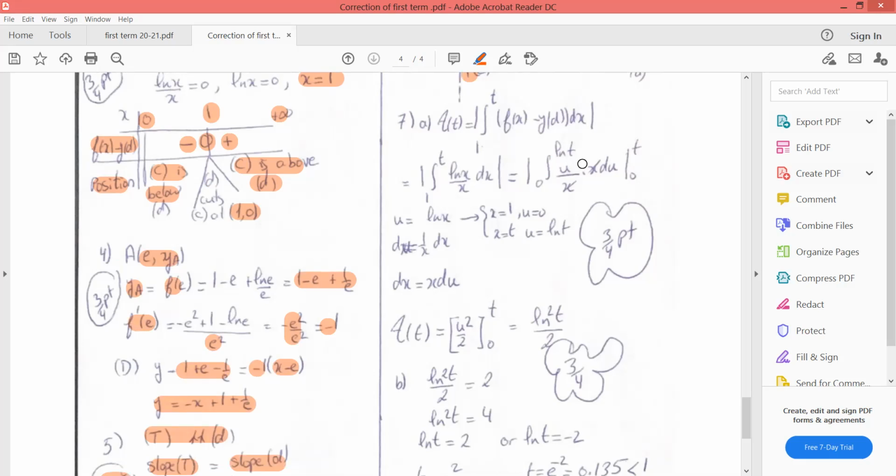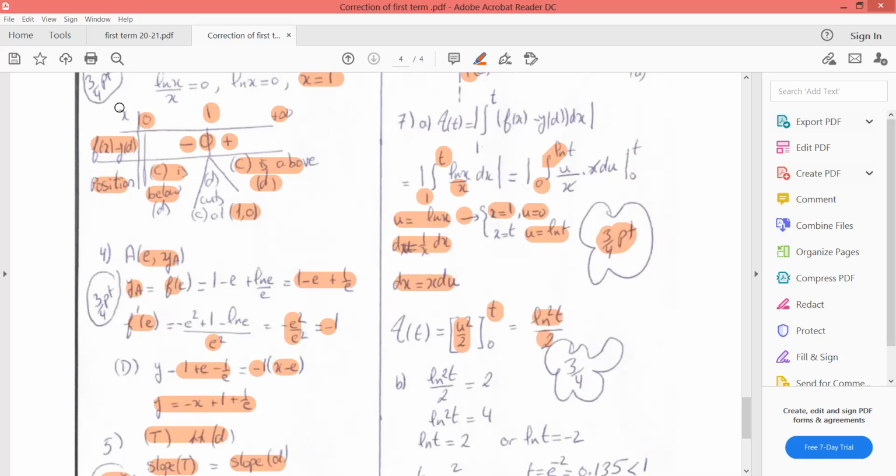You add the power by 1 and divide by the power. You get u squared over 2 between 0 and ln t. We replace u by ln t. This is ln t, not t. It becomes ln squared t over 2. That's all about this part.